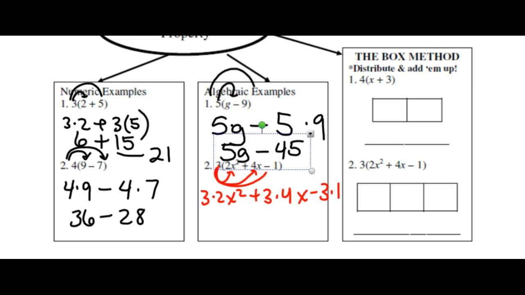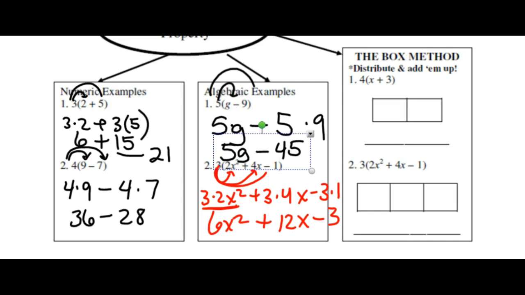And then we'll clean that up a little bit. 3 times 2 is 6x squared, plus 3 times 4 is 12x, minus 3 times 1, which is 3. So numeric examples and algebraic examples.